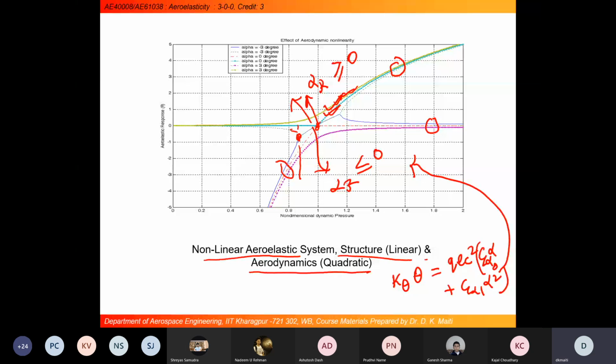Suppose we get only one theta value here, alpha equal to theta. So we can get two roots, and here we have a lot of different values of alpha.